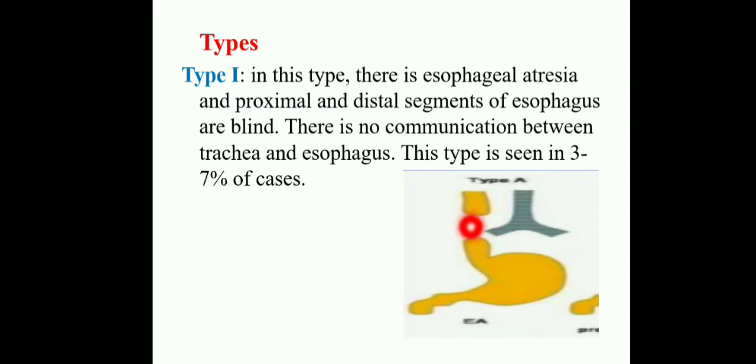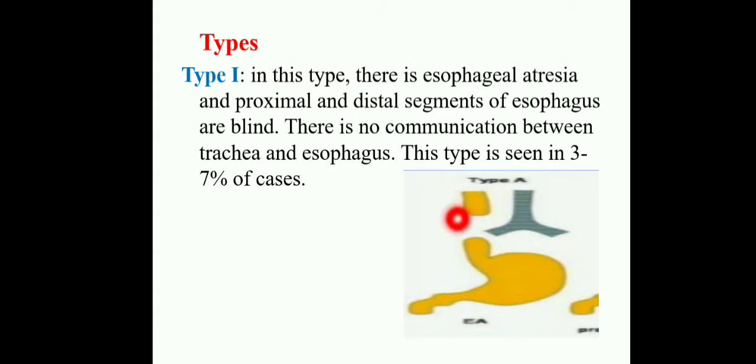Okay, this is the first type. What is there in this first type? There is esophageal atresia and the proximal and distal segments of the esophagus are blind. There is no connection, just a blind end, that is called atresia. It is a developmental problem, a deformity, just atresia. Here is the closing point.